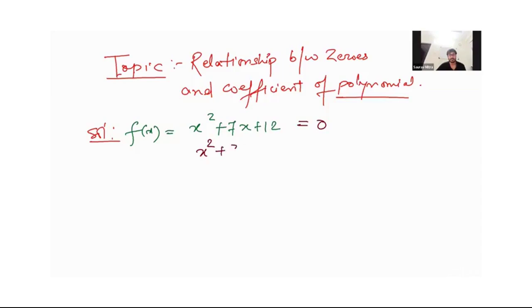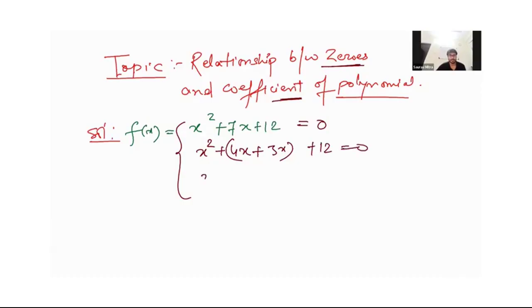So x square plus, by middle term splitting, 4x plus 3x. We are going to establish a relation between the zeros and coefficients. First we are solving this equation to find the zeros, as zeros are not given here. So x square plus 4x plus 3x plus 12 is equal to 0.